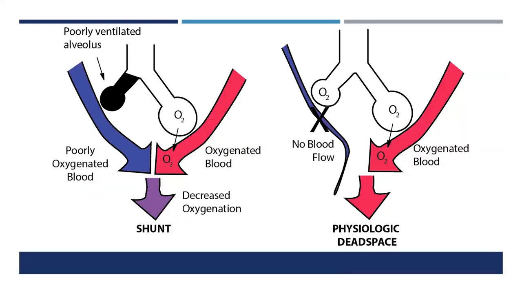Now, this picture is a lot easier for you to see what's happening. When you have alveoli that aren't getting oxygen, poorly ventilated, okay, they aren't filled up with air. And so that blood that should have gotten oxygen from that alveoli, instead of being bright red, is now a purple color because it's been mixed with poorly oxygenated blood.